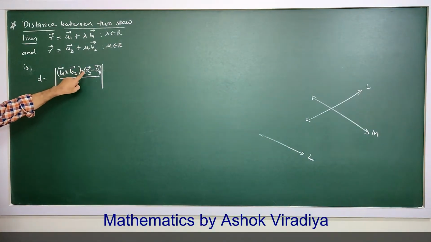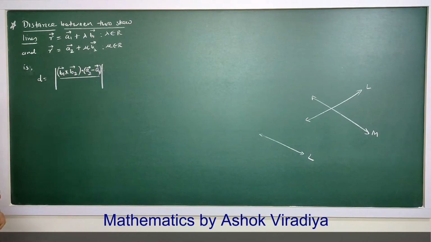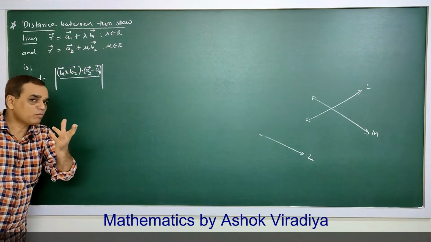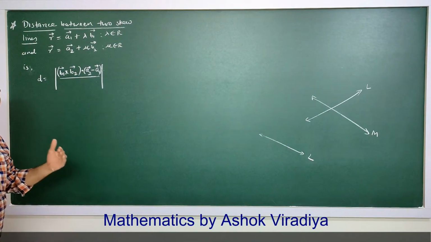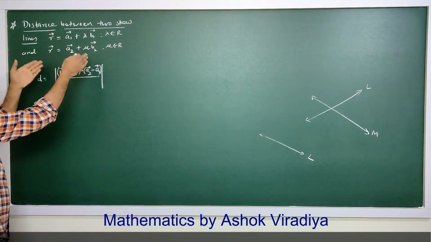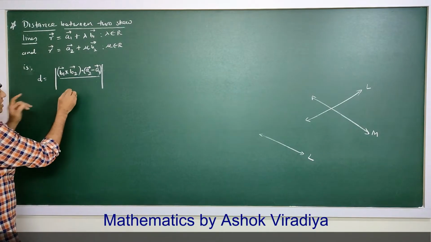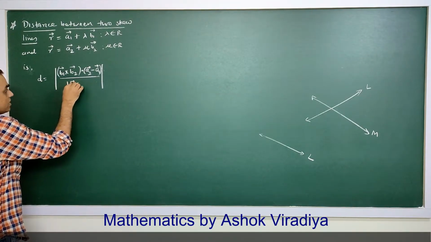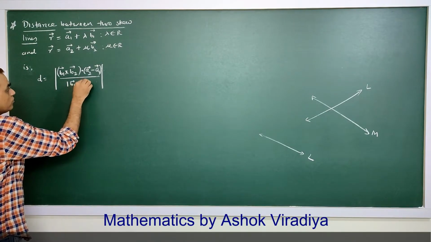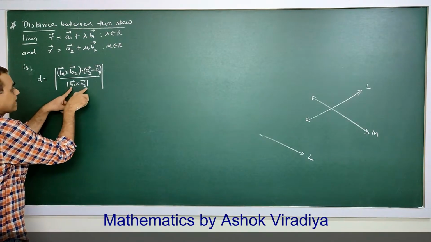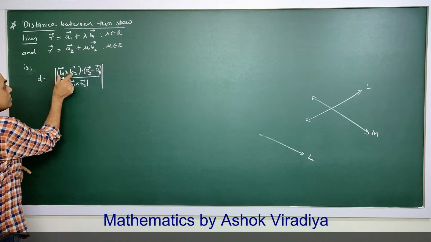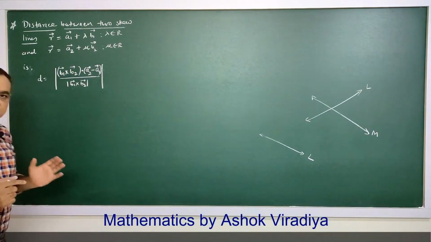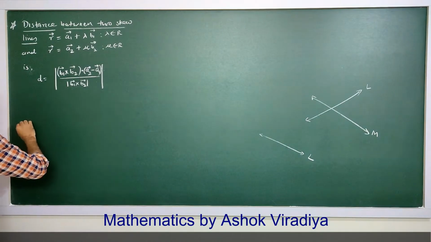You can also put here a1 minus a2. If you keep a1 minus a2 or a2 minus a1, final answer will be the same because of this modulus. Now in the denominator we keep the magnitude of vector b1 cross vector b2. So by this formula we can calculate distance between skew lines.